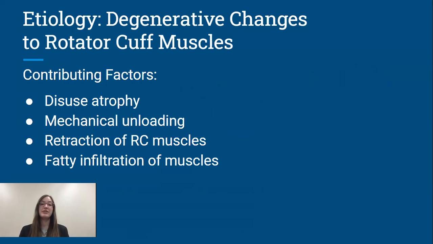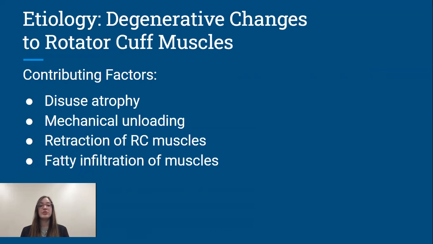Although repetitive overhead motions can lead to the degenerative process in the shoulder, there's not just one singular movement that causes degenerative rotator cuff tears. Rather, it is the sum of tissue changes that occur with aging alongside cumulative wear and tear. As individuals age into later adulthood, the frequency and intensity of their physical activity tends to decrease.